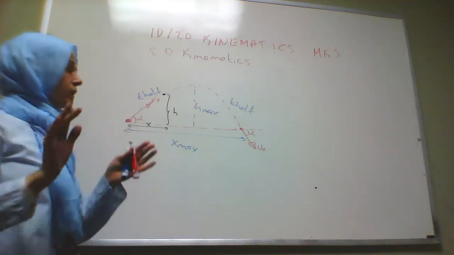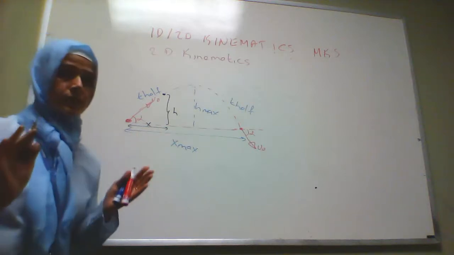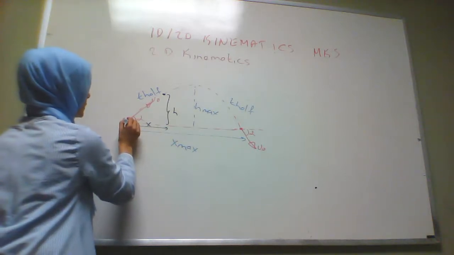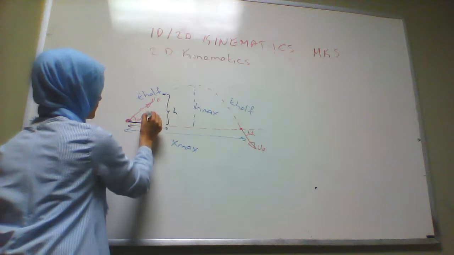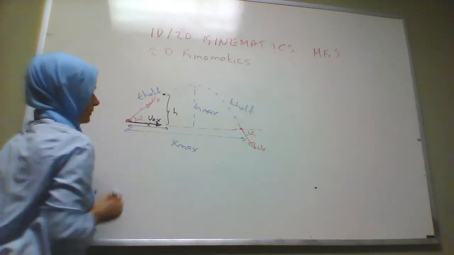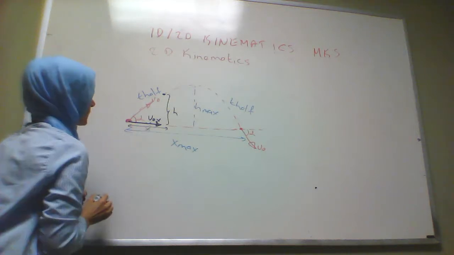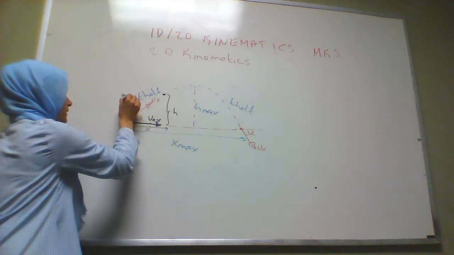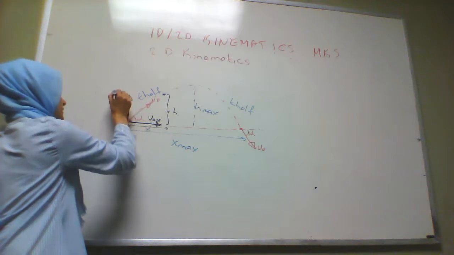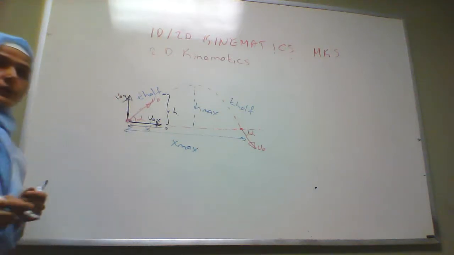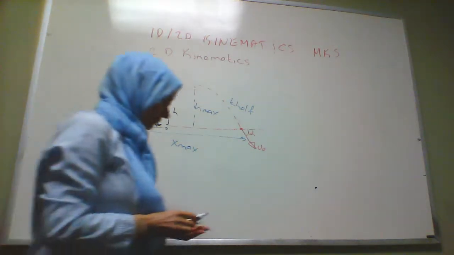For example, at this point, if we know some values, we can find this height and this distance traveled along the x-axis. And along the x-axis, the velocity that does the job here is the x component of initial velocity, v0x. Let me put this x down here. And along the vertical, the velocity that does the job is the y component of initial velocity, v0y.